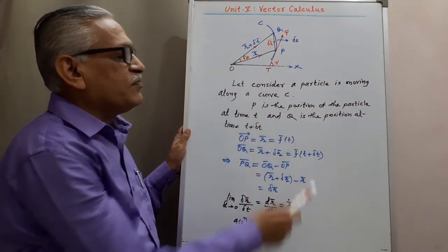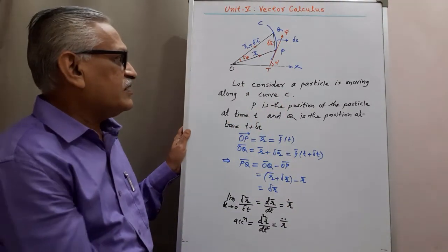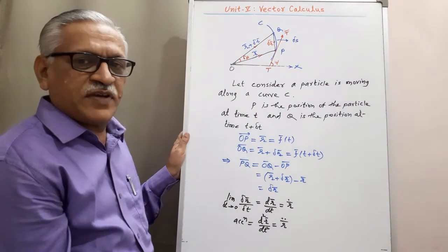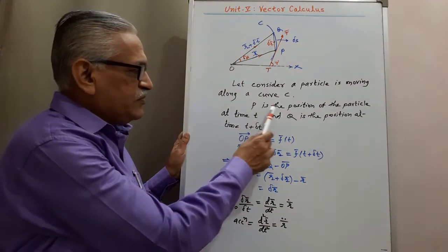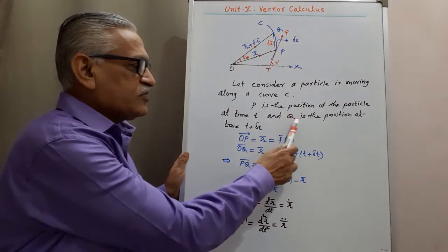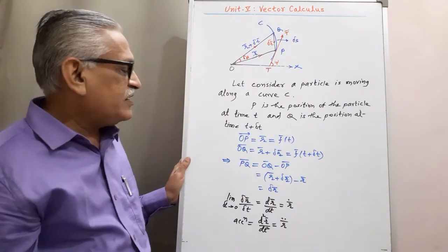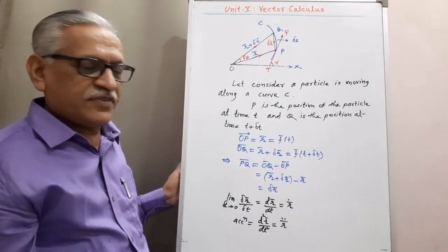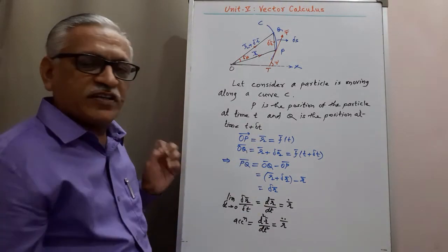Let's consider a particle moving along the curve C, and there are two positions of that particle. P is the position of the particle at time t, and capital Q is the position of the particle at time t plus delta t, a small increment in time t. Delta t is the small increment.